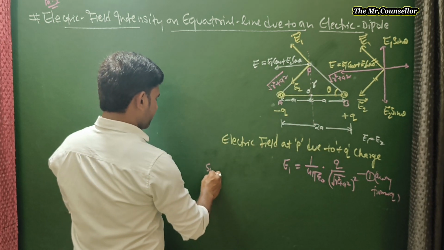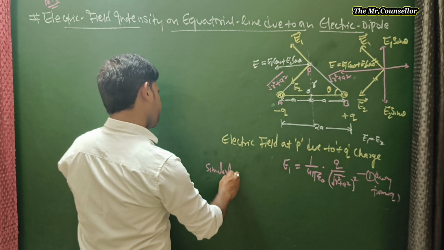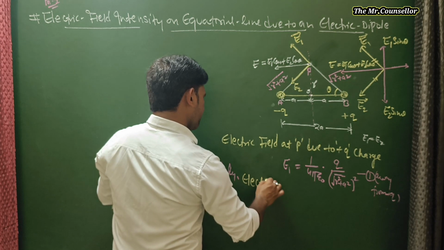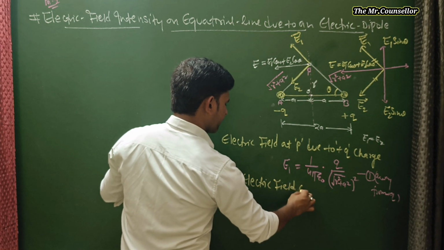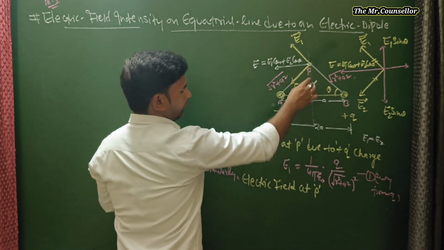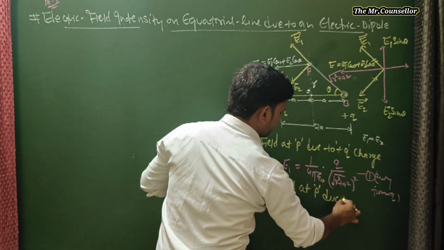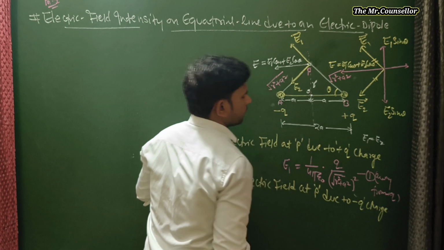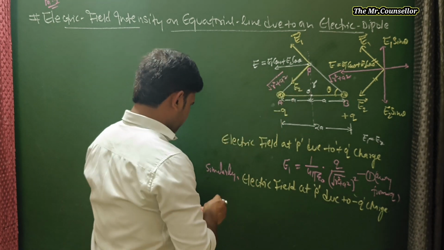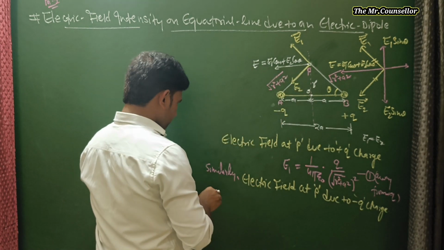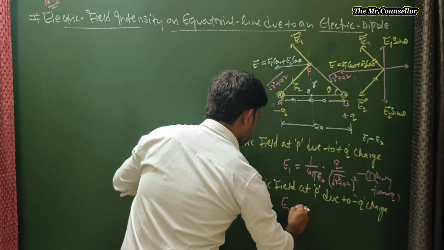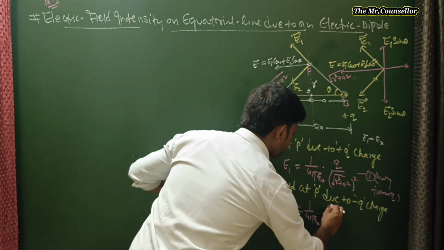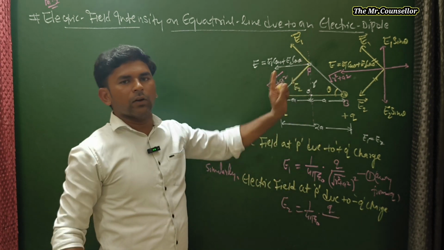Similarly, electric field at P due to negative Q charge, so it means you are going to write here E2 is equal to 1 upon 4 pi epsilon naught into Q upon, here you will take only magnitude form.